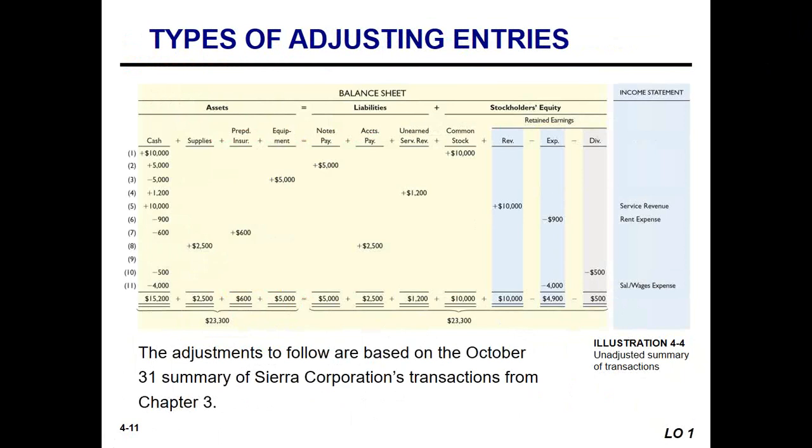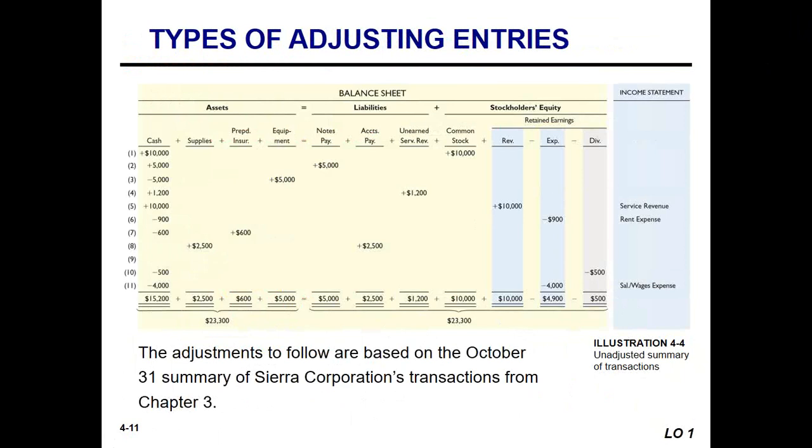Now, when we were doing transactions, if we were in the real world, you would have a piece of paper, a receipt, a check, an invoice, something that you're using to record our daily operating transactions from. When it comes to adjusting entries, it is our knowledge that will allow us to create the entries that are necessary.